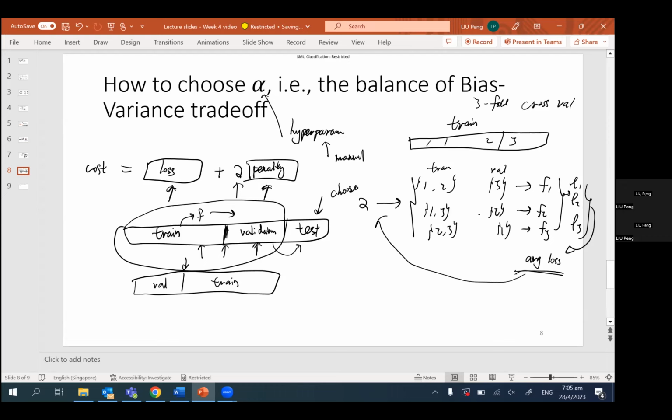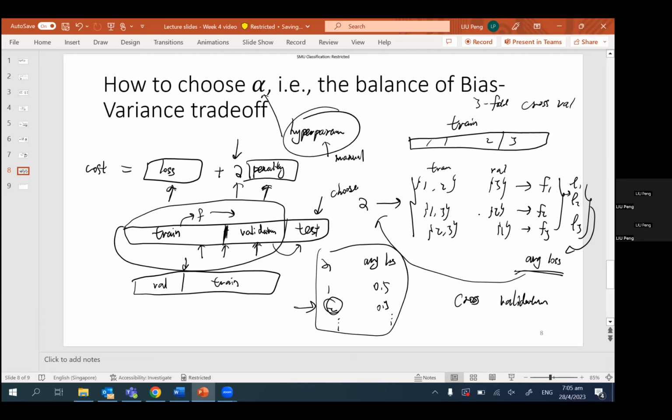We can try different values of alpha here, so maybe alpha 1 has average loss 1, the next 0.5, then 2, 0.3, etc. By building this table, we can find the alpha that gives us the lowest average loss. Maybe this is alpha 2. Then we can fix alpha equals 2, plug it into the original problem, and continue with the training. This is what we call cross validation to choose the hyperparameter. This is all about how to choose hyperparameters.